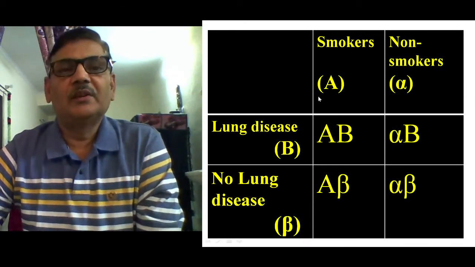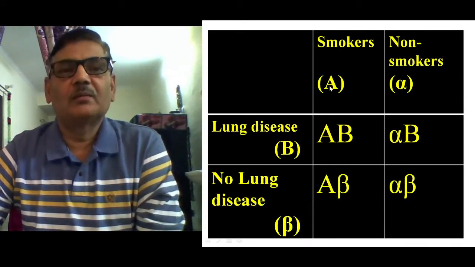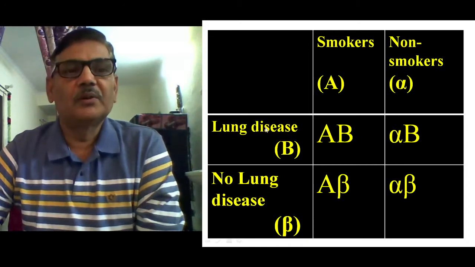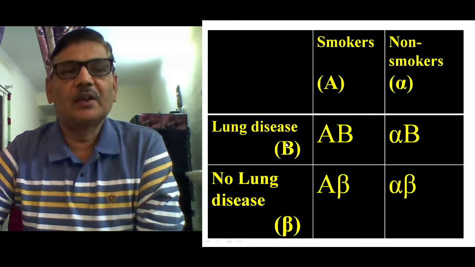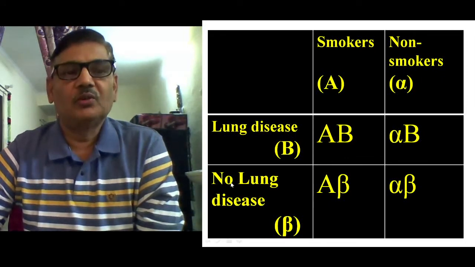Now that can be indicated, like smokers, they are being indicated as capital A, non-smokers as alpha, persons with lung disease, they can be indicated by B, and persons with no lung disease with beta.